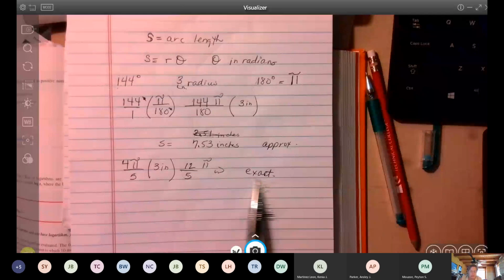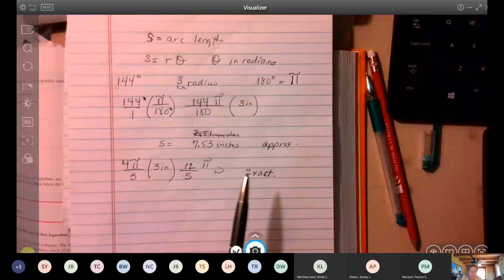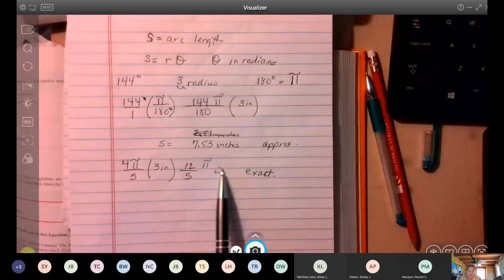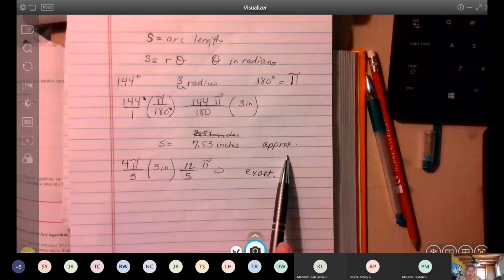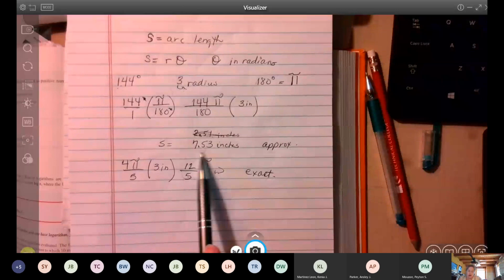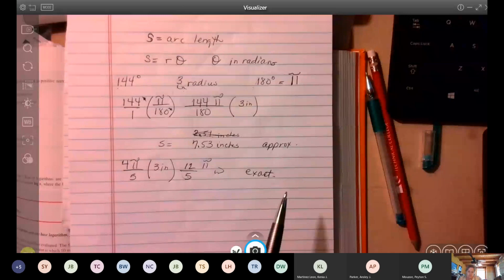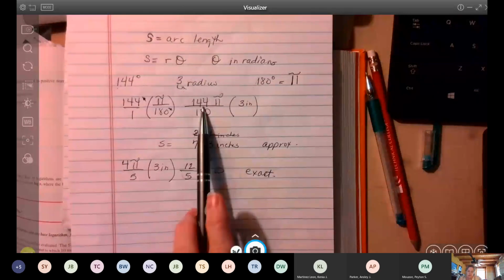Or if you have another thing, like E, anything that represents a number or a decimal that keeps going, we're going to use that symbol. And then an approximation is going to be when you're using the pi button. And always use the pi button unless it refers to you using 3.14. And then never round anything until you get to the final step, because if you round in here and then multiply, it's going to mess up your final step.